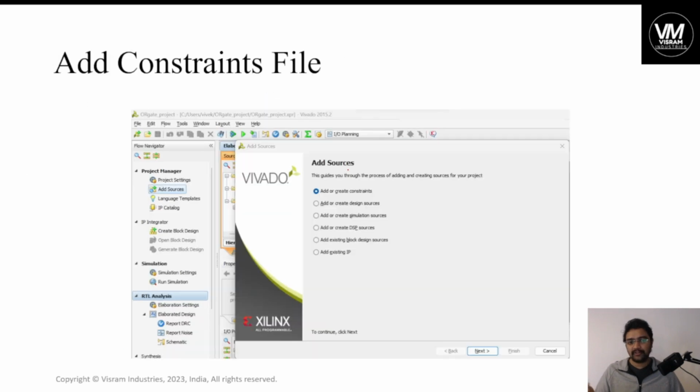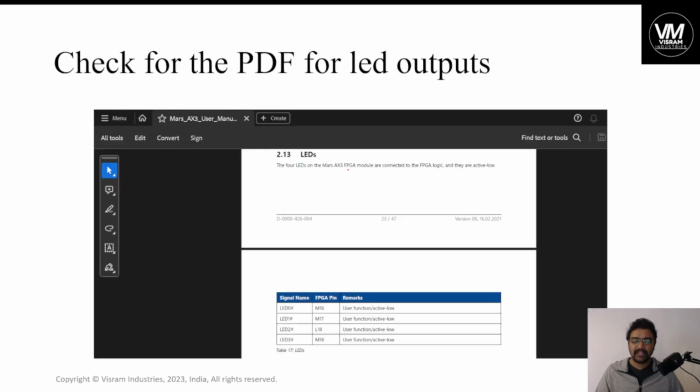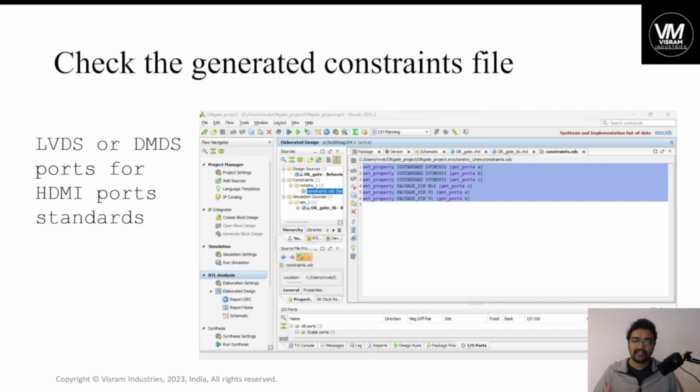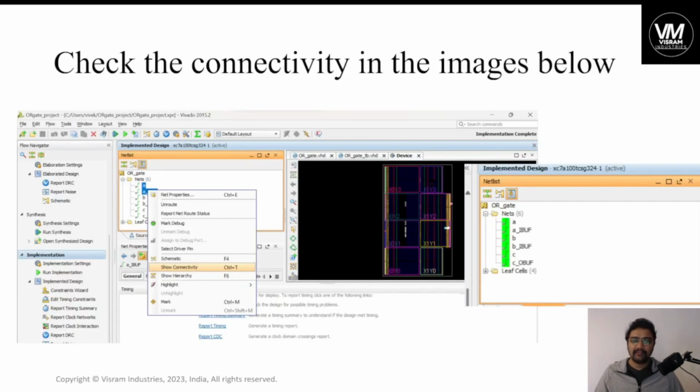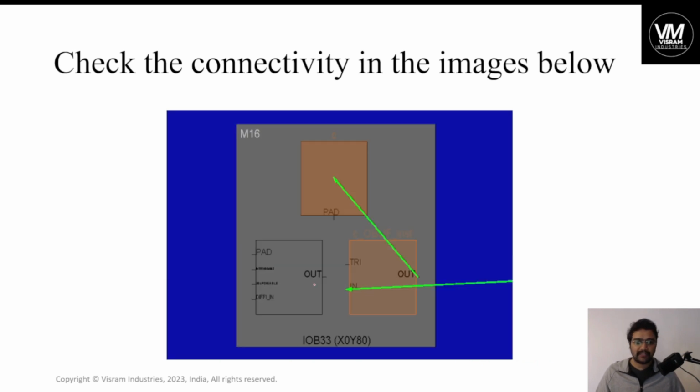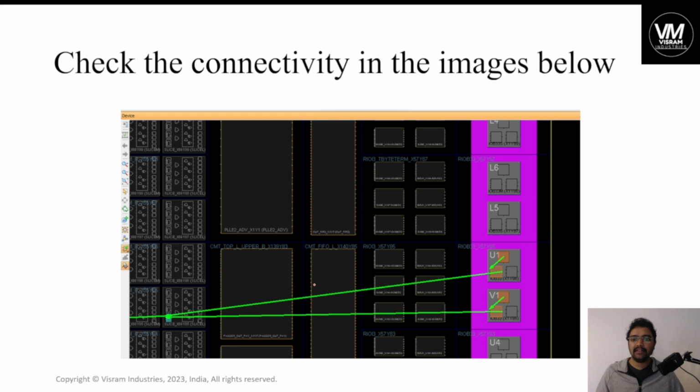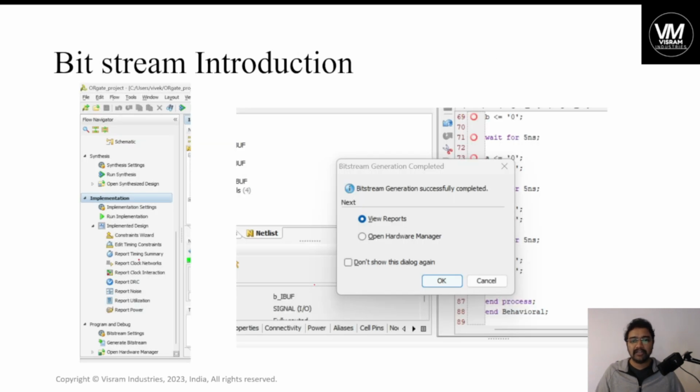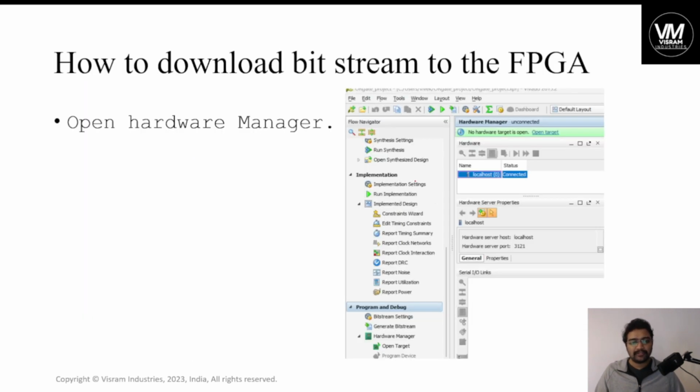Then we go to the test bench VHDL that is already there. That is another step. And in the third, we check the connectivities. So these are successfully connected. If it shows any error, you need to rectify it by debugging. So that is how we upload the bit stream.